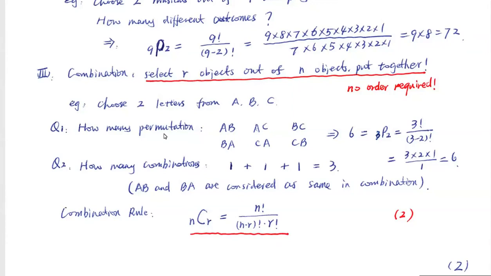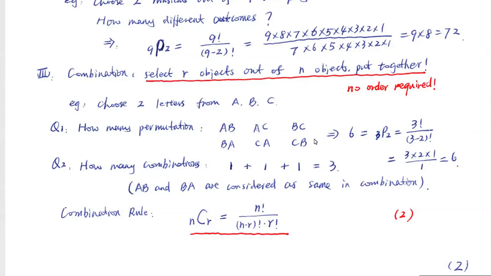I could choose AB or BA because the order makes them different. AC or CA, BC or CB. How many altogether? There are 6 of them. So 6 outputs, that's what we try to list here.